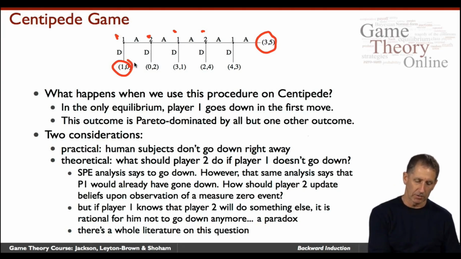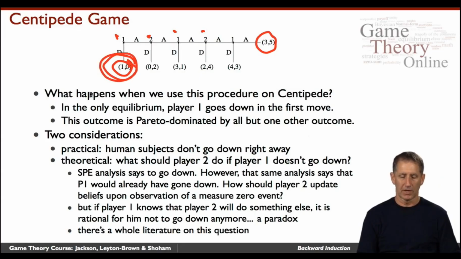So the only subgame perfect outcome is this one, where the first player defects immediately, goes down immediately, which is of course similar to the prisoner's dilemma, and a little counterintuitive, because had they only had the good sense to keep going, they would have gotten something in the ballpark of this or this, both of which are much better for both than here.